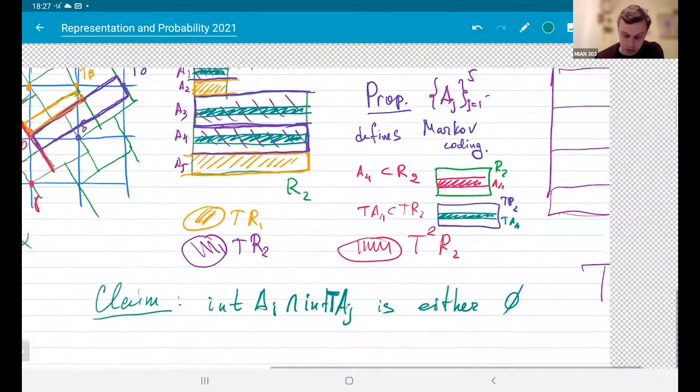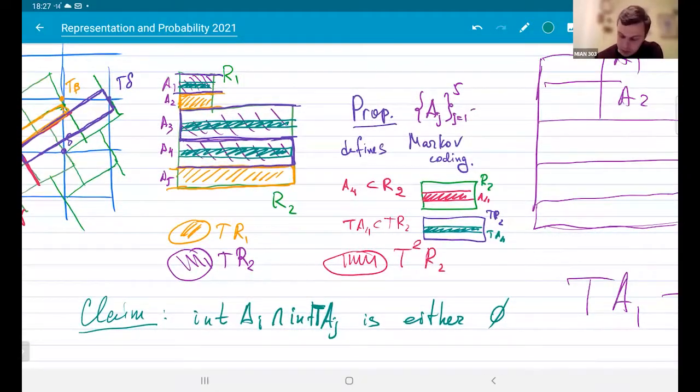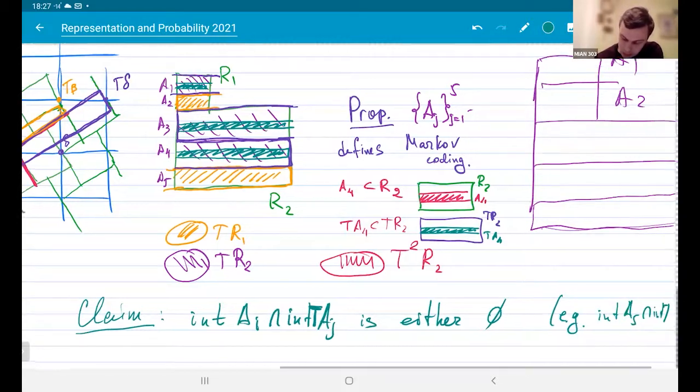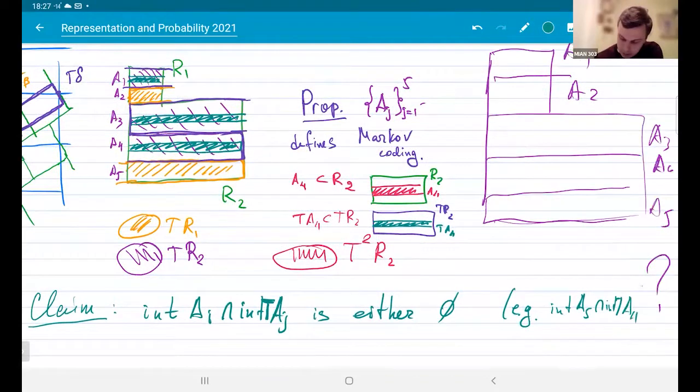For example, we have seen that this intersection is 0 when I take the interior of A5 in intersection with this TA4.